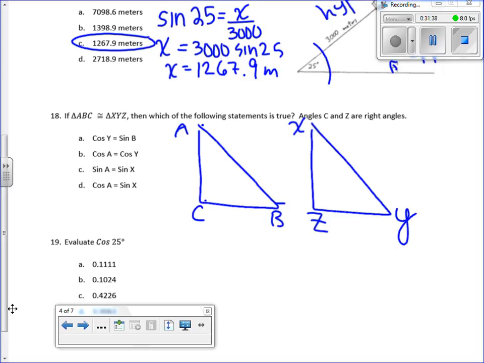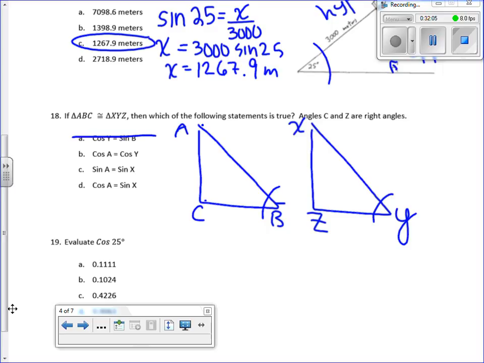And it says, which is true? It says the cosine of Y equals the sine of B. So here's angle Y, and here's angle B. Well, those angles are in the same position. So the sine and the cosines of them are not going to be equal to each other. So it's not that one.